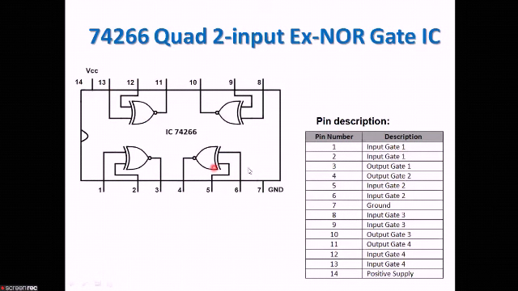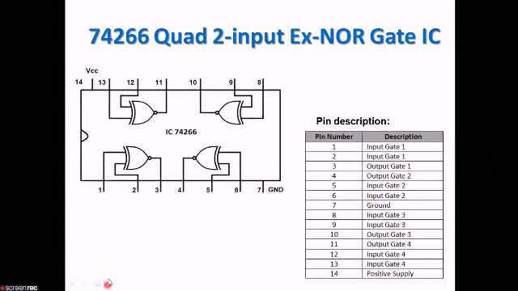And this one is the pin diagram of IC 74266, the TTL logic IC of XNOR gate. So this was the IC 74266, that is the TTL IC of XNOR gate along with the pin description.